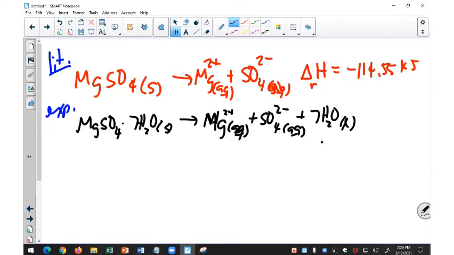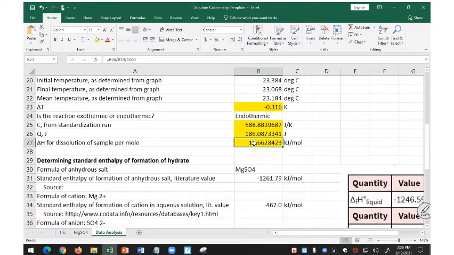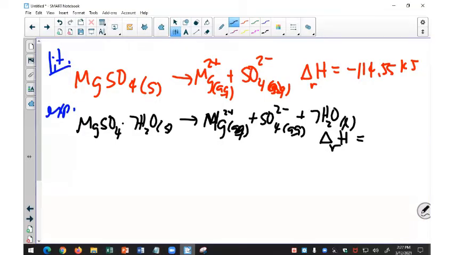And the delta H for this from our experiment was how much? We calculated that earlier. Okay. Using Jaslyn's data, it's 18.66 kilojoules per mole. You're going to have to use your own data for that one. So 18.66 per mole. Positive 18.66 kilojoules.